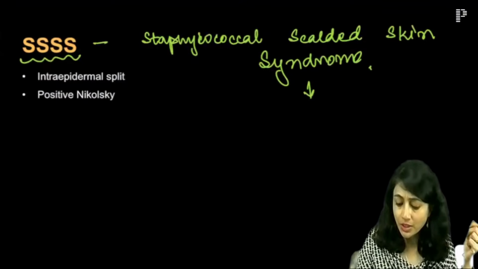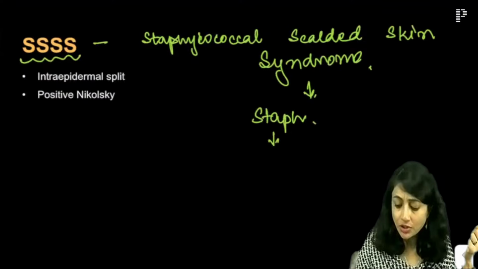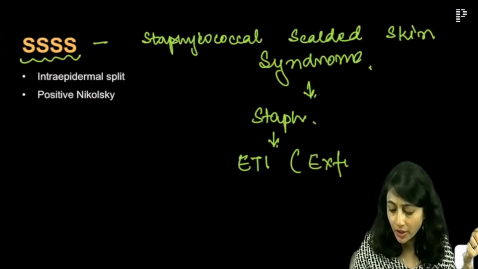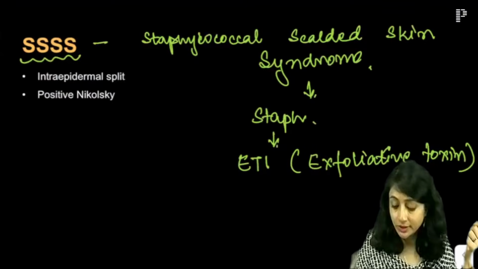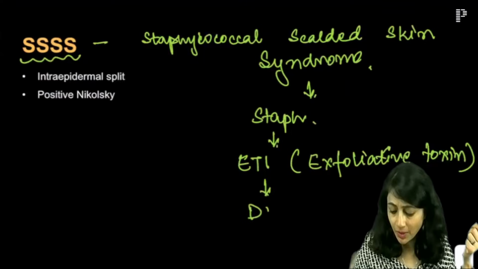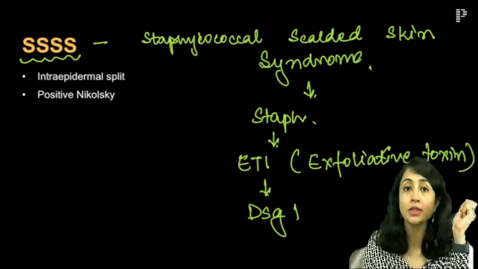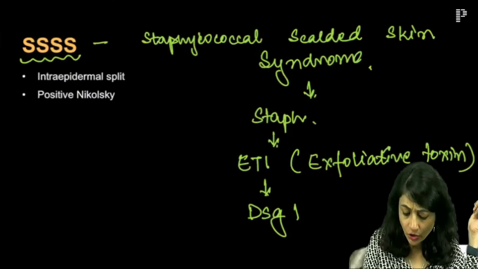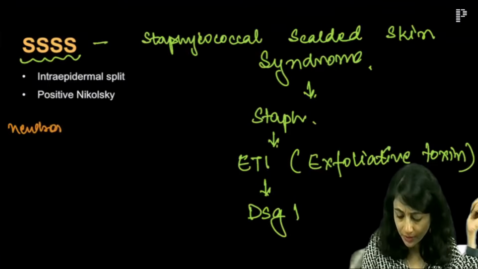Now this is mediated by Staphylococcus, as the name suggests, which releases a toxin called ET1 or exfoliative toxin. And this toxin goes and targets desmoglein 1. So what happens typically in this kind of infection is it will usually be seen in newborns or infants.